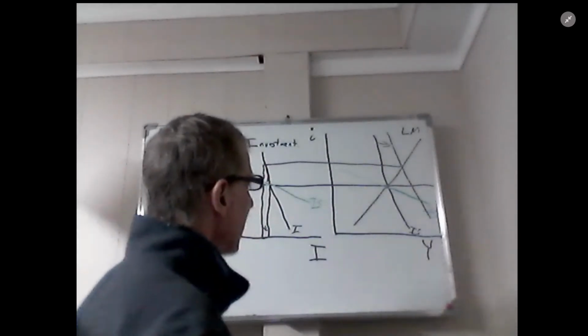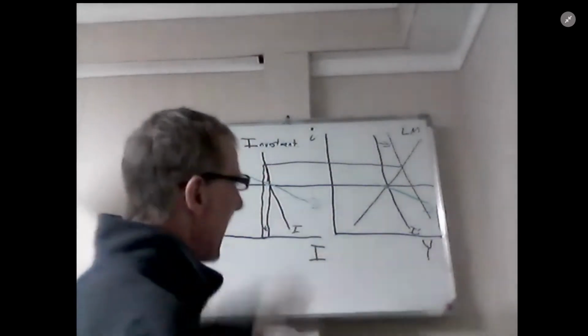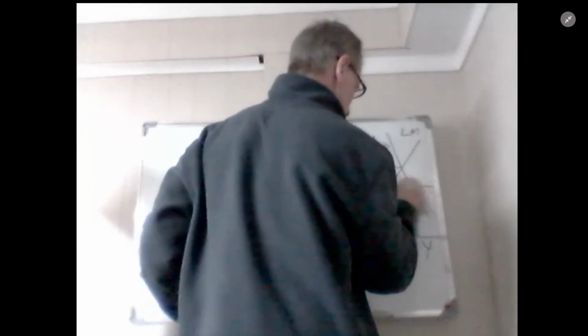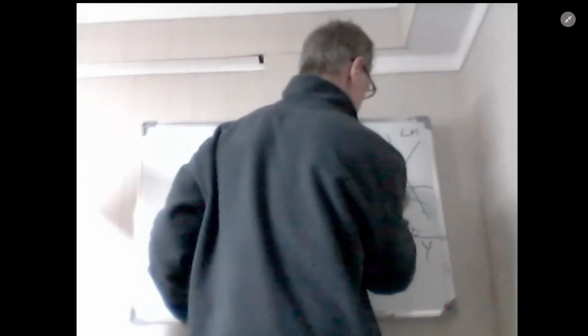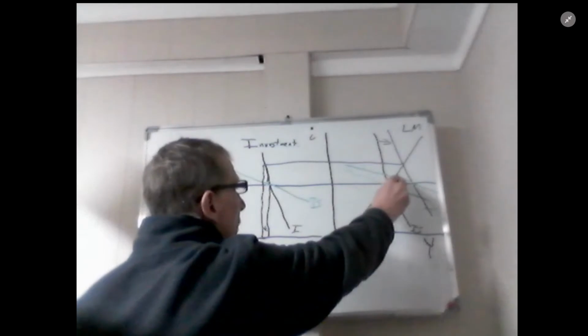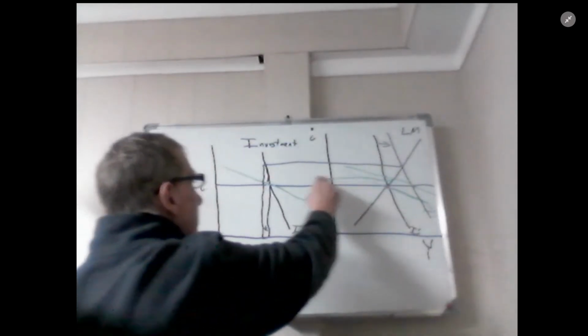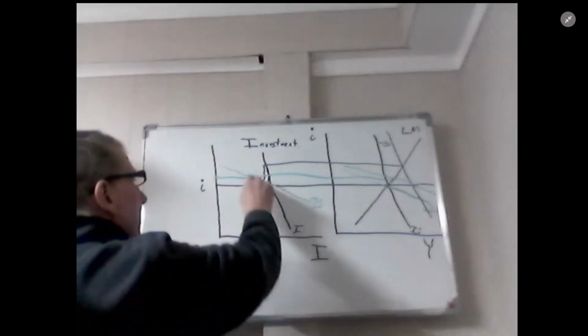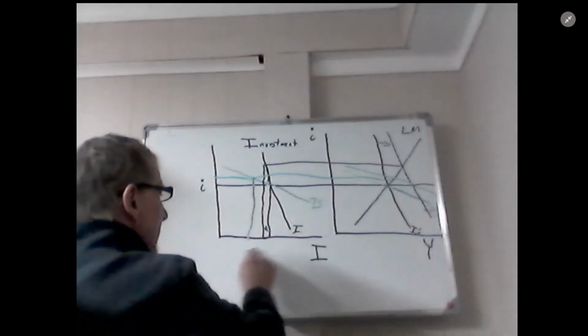Now, if the IS curve were flat, what we're seeing is that the IS curve shifts out by the exact same amount, but as interest rates rise, investment spending falls. And we're going to wind up at a higher interest rate, but with a lot less investment.